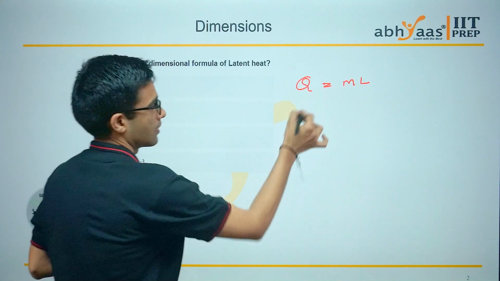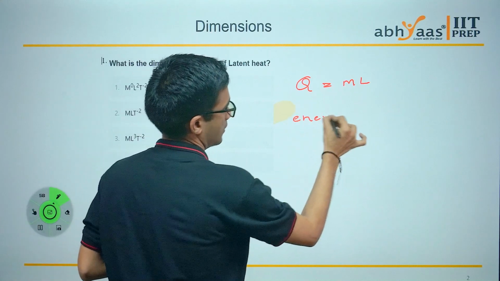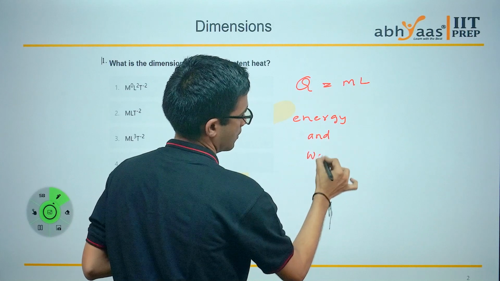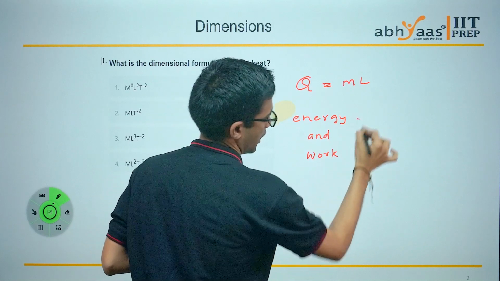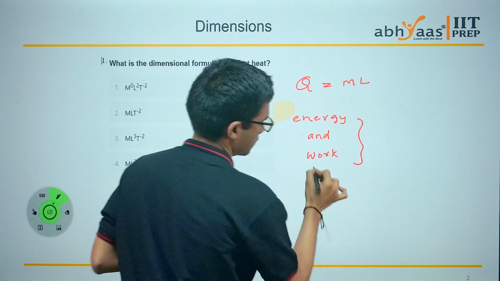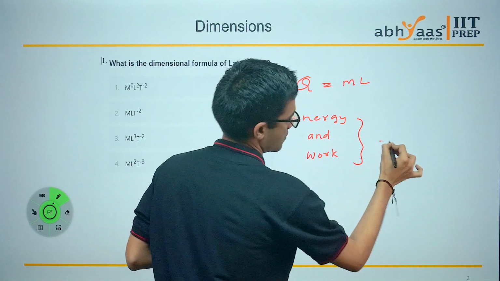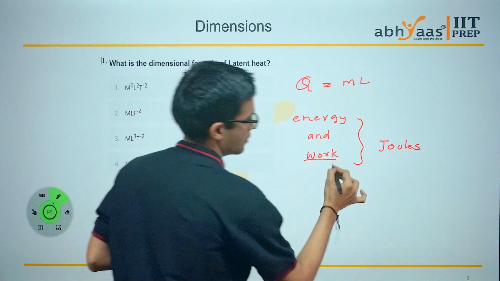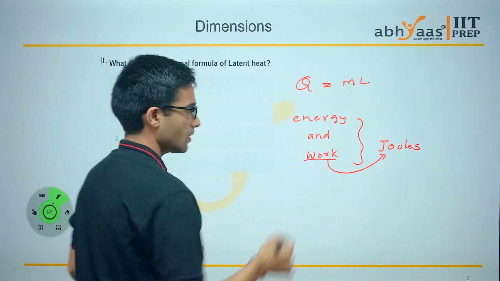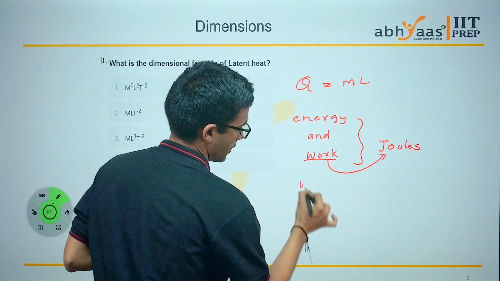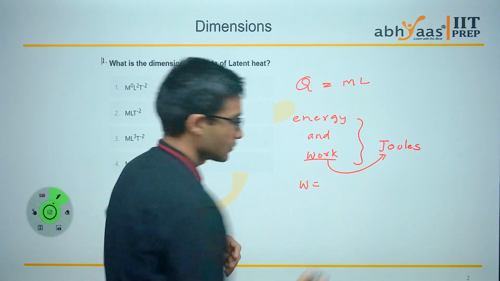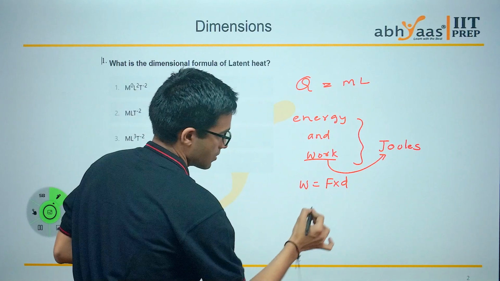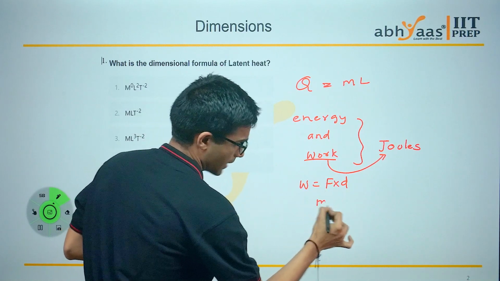Energy and work have the same dimension, because their units are the same, joules. Work can be written as force into distance, and force is mass into acceleration.